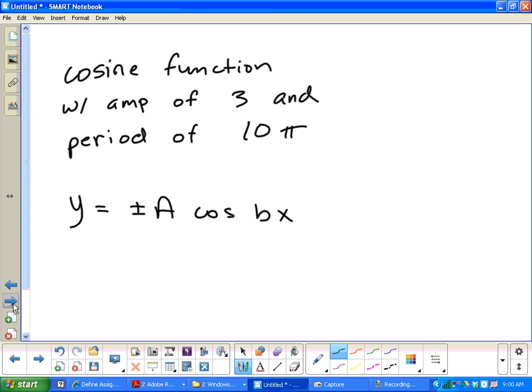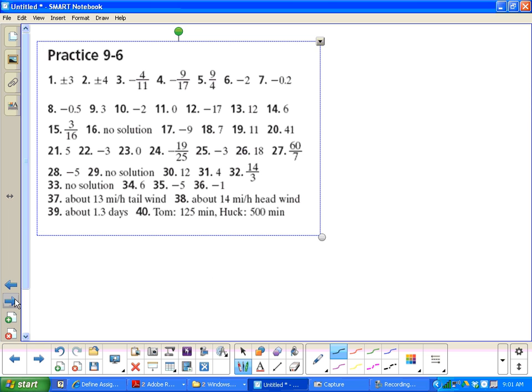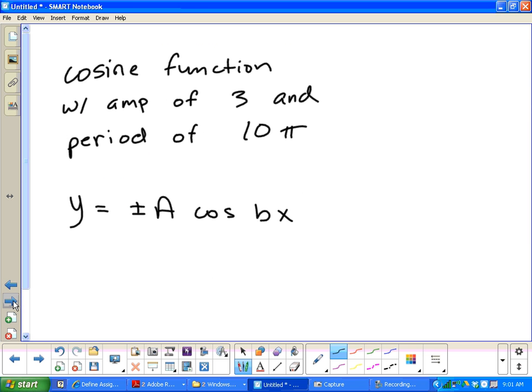Now, out of these numbers here, this is what we just talked about. Go back just a second. Remember what was easy to look at and tell? What was easy not to look at and tell? The 3 or the 10 pi, which one can I just throw in the equation? 3, right? So y'all see how the 3 is just going to go in front of the cosine?